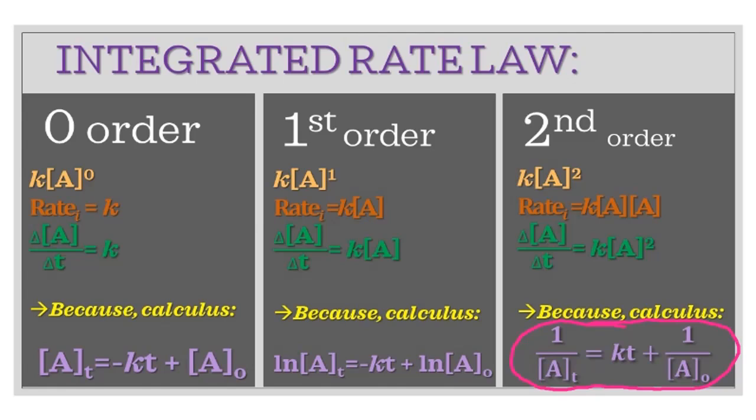So it's going to be 1 over the concentration of A at time t, which is kind of the same thing as saying A at the end of the reaction, final. I'm writing F for final, but usually you'll see it as t for time, equals the rate constant times the entire time it takes plus 1 over the concentration of A originally. That O down there is for originally, the original concentration of A.